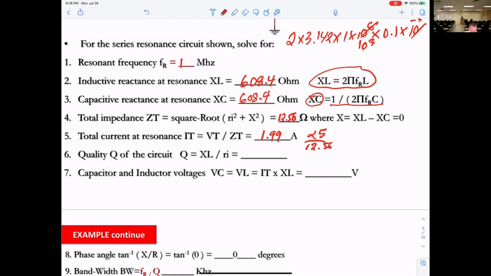Okay, number 6. They want the quality Q of the coil. And they are telling you XL divided by R. You mute that mic.